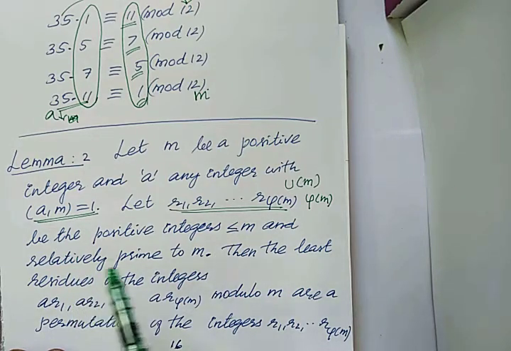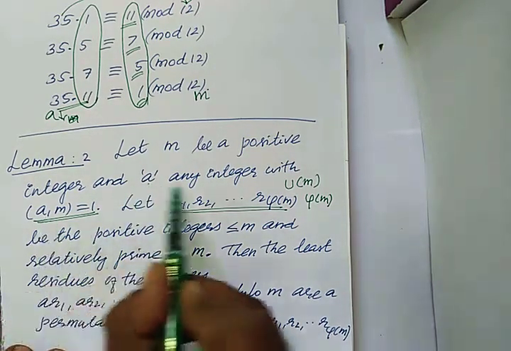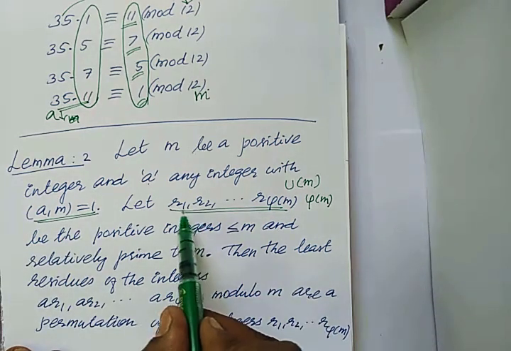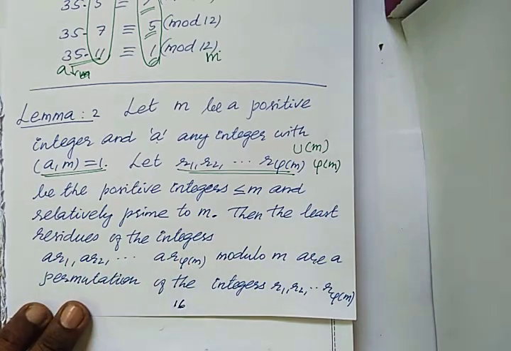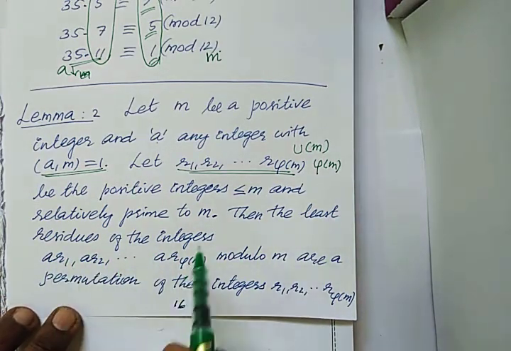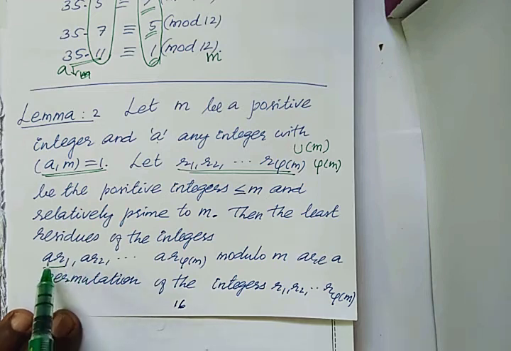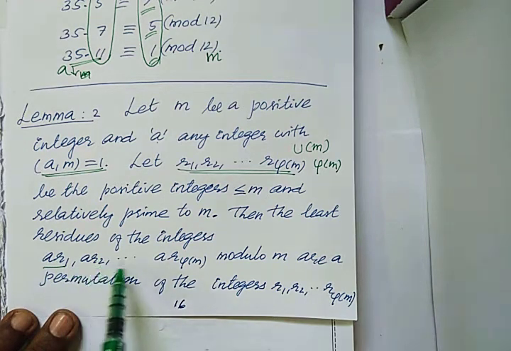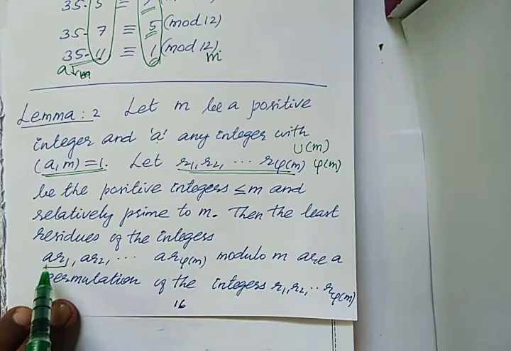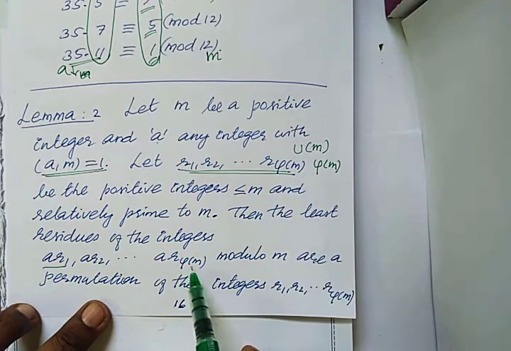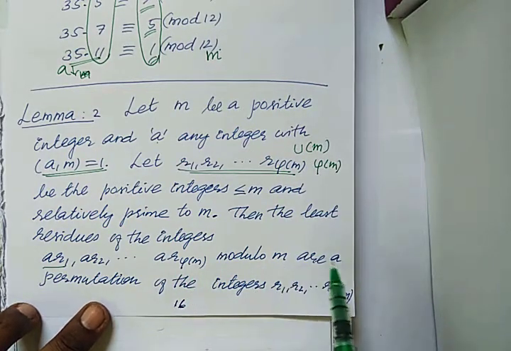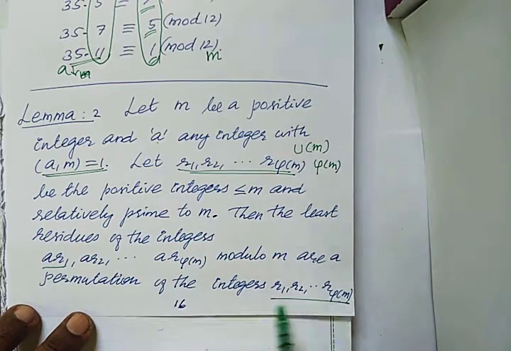A is some integer relatively prime to M. But these are the numbers like 1, 5, 7, 11 for 12. Then the least residues of the integers AR1, like here 35 into 1, 35 into 5, 35 into 7, AR1, AR2, etc., A times R phi of M modulo M are a permutation of these integers.